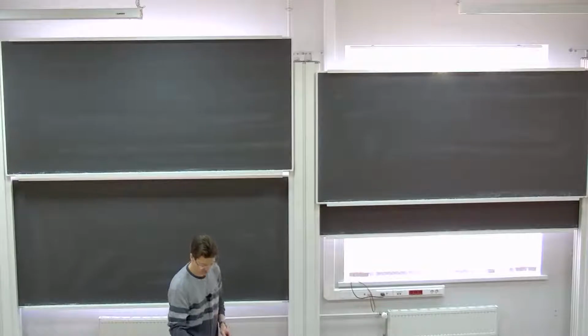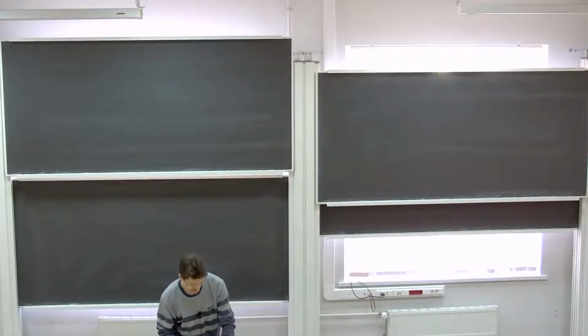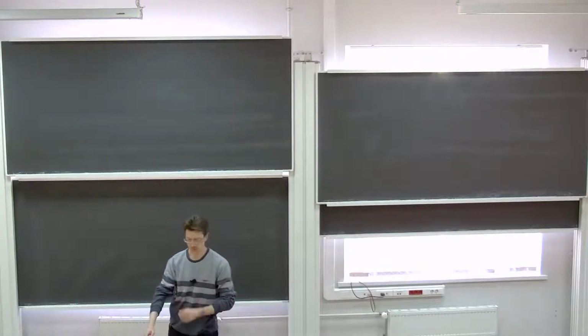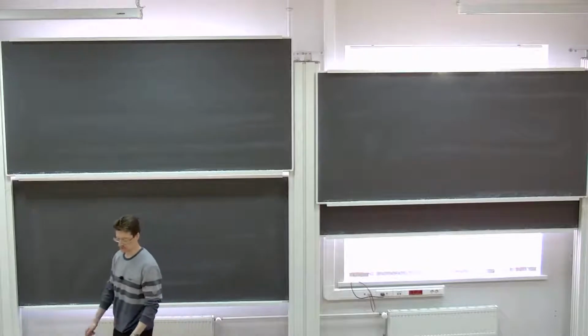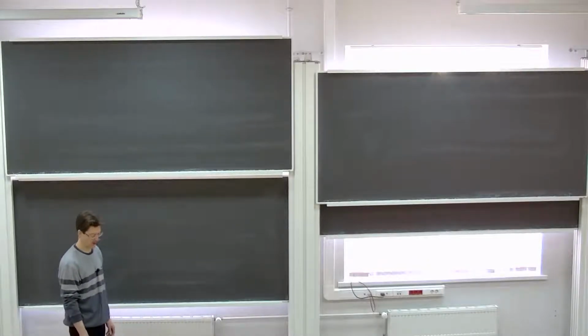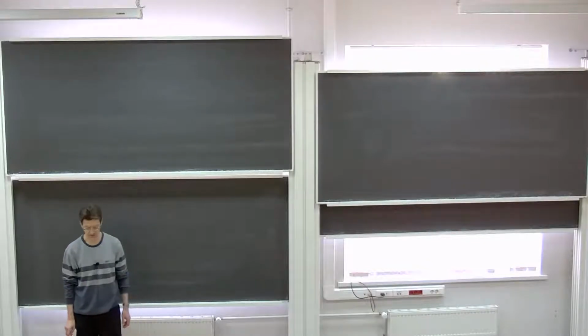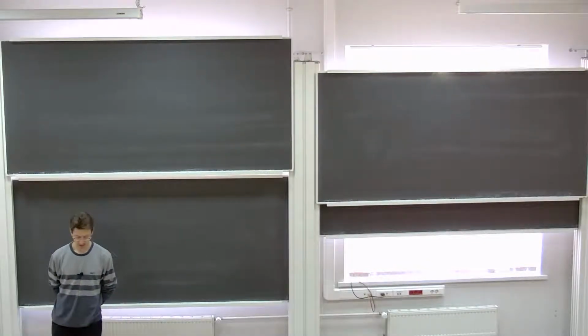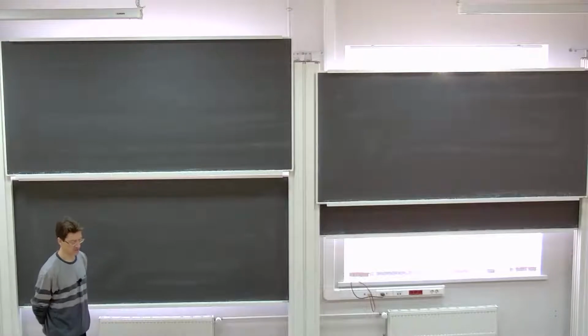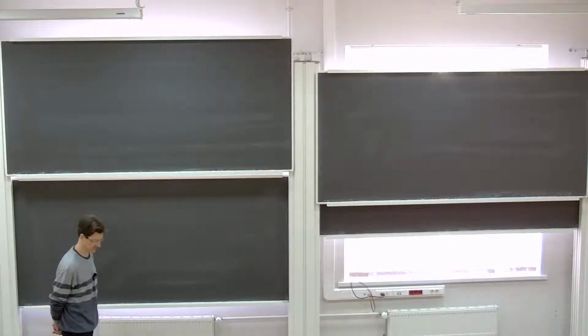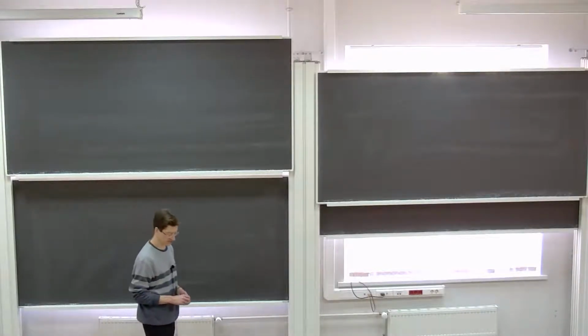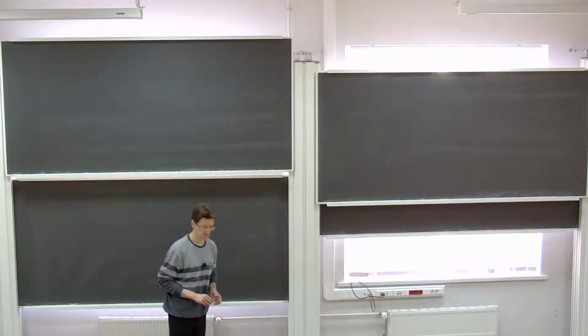And we deduced several important corollaries. In particular, we proved that the set of Fredholm operators is open, and the index is a locally constant function on this set. And we also proved that the Fredholm property and the index are stable under compact perturbations.